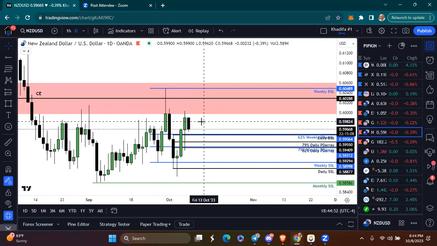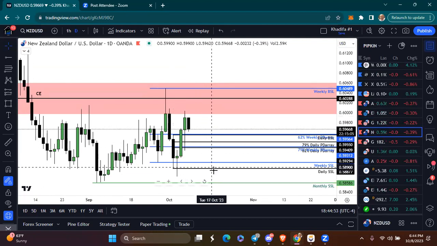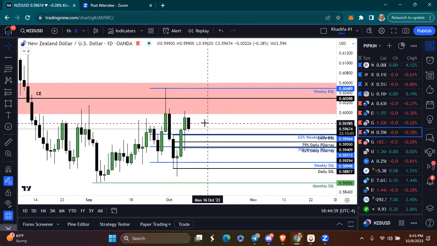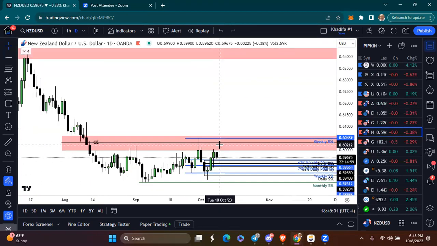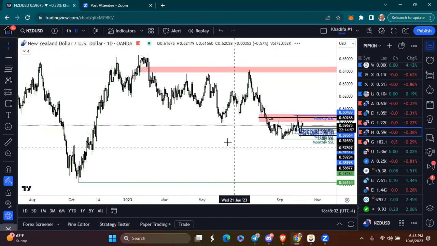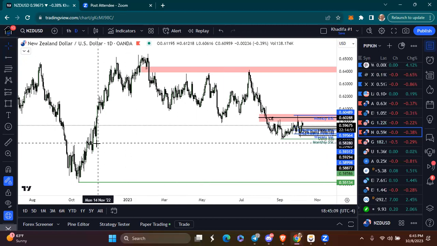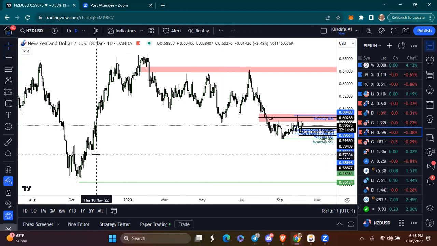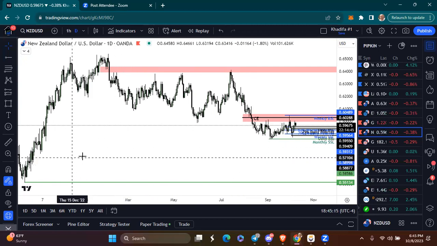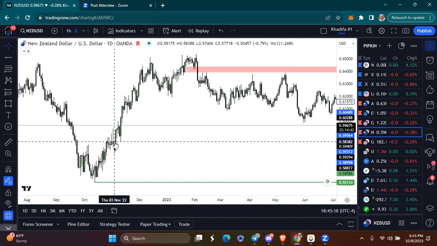So we could see NZD/USD just continue to pump lower to target sell side liquidity here from November the 10th of 2022 right down into the fair value gap right here.